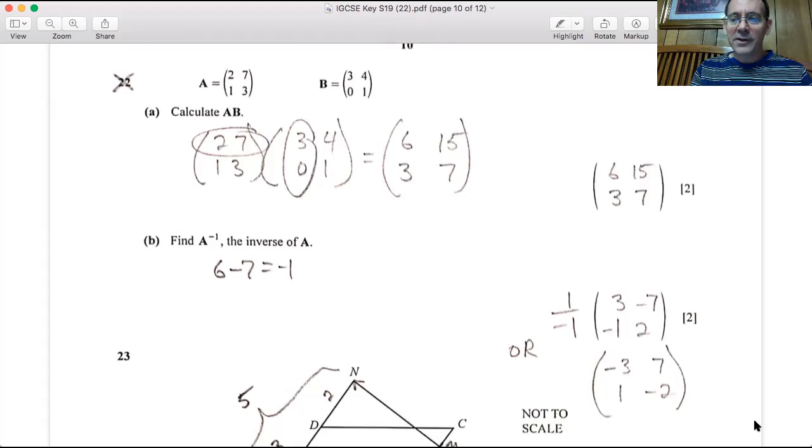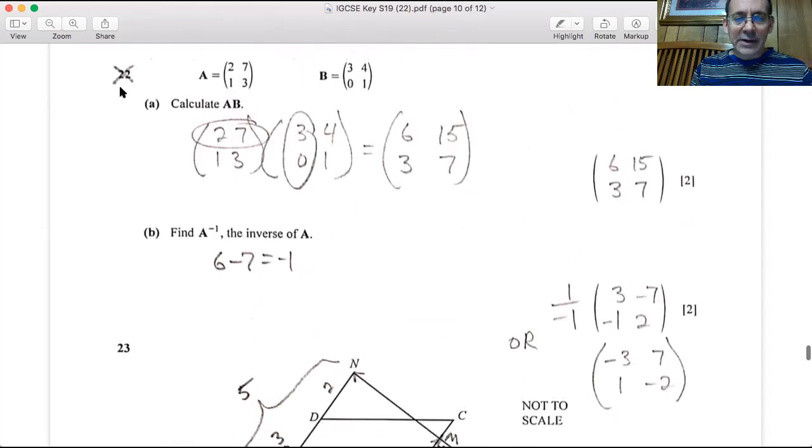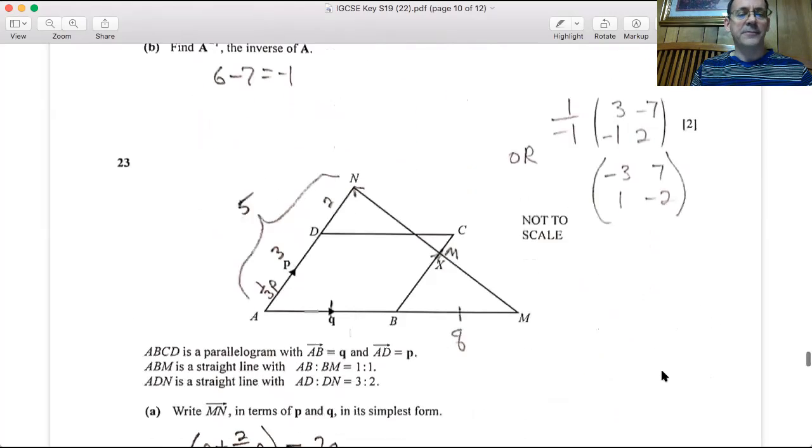And it's helpful if you're using matrices to solve linear equations. You can make a matrix equation, and so you use the inverse matrix to help isolate your variable. But again, it's not required for the 2020 syllabus cycle.